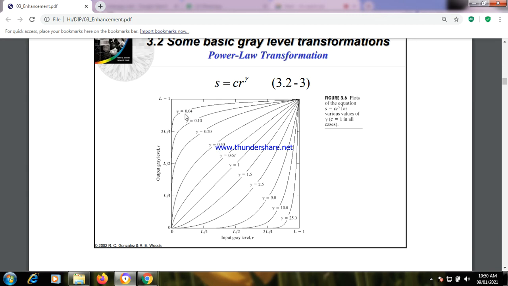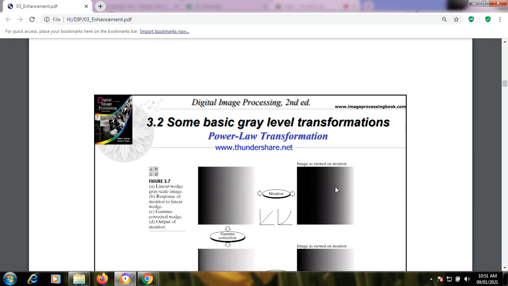Means you can vary the gamma value. Again what it does is, it maps the narrow range of low intensity values to wide range of output levels, and wide range of input levels into narrow range of output levels.